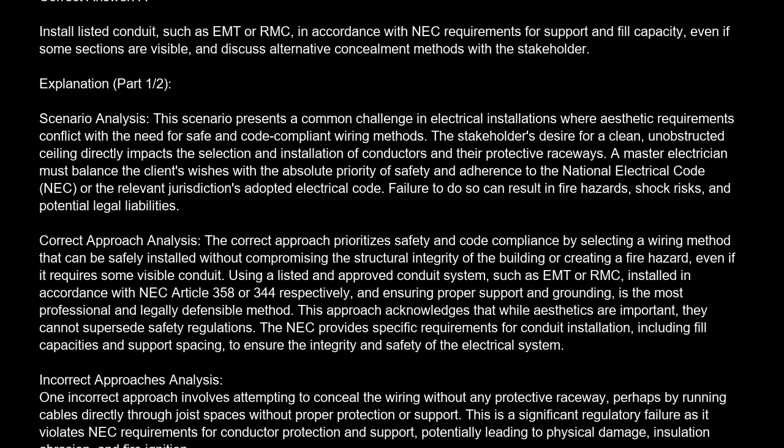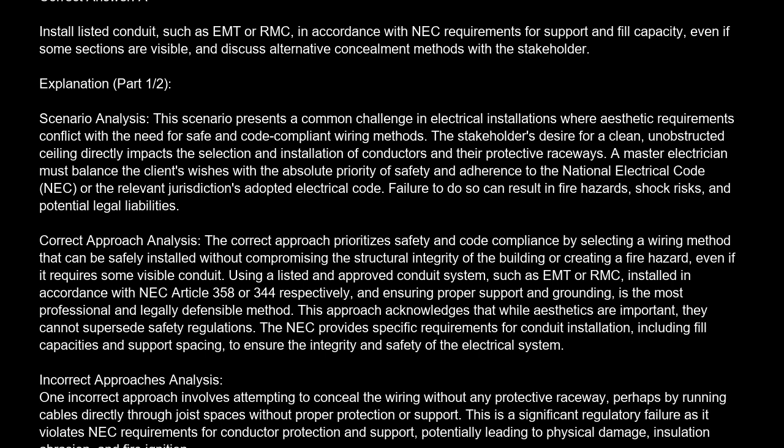This approach acknowledges that while aesthetics are important, they cannot supersede safety regulations. The NEC provides specific requirements for conduit installation, including fill capacities and support spacing, to ensure the integrity and safety of the electrical system. Incorrect approaches analysis.